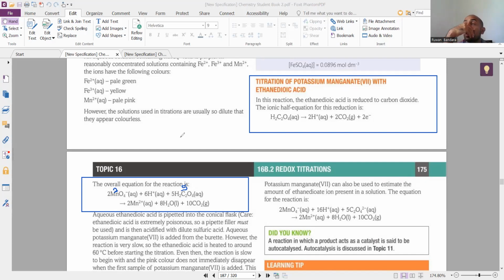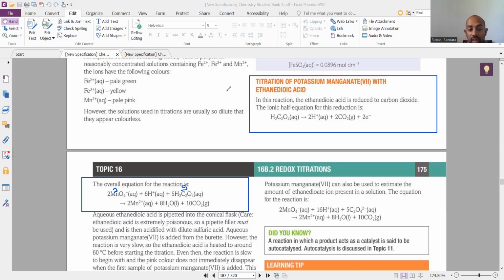So we can call it a vegetable called rhubarb, which contains this ethanoic acid, but in a small amount. This ethanoic acid is extremely poisonous, so when you are dealing with it, you have to use a pipette filler and other safety measures as well.